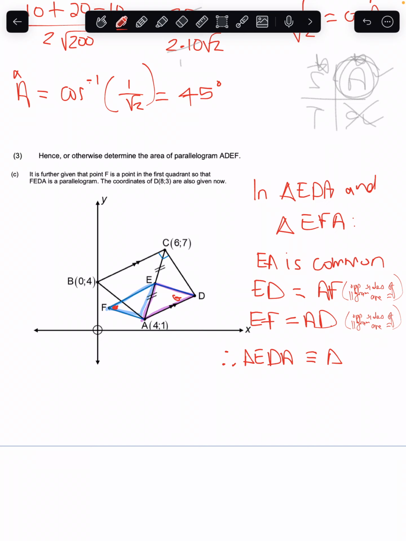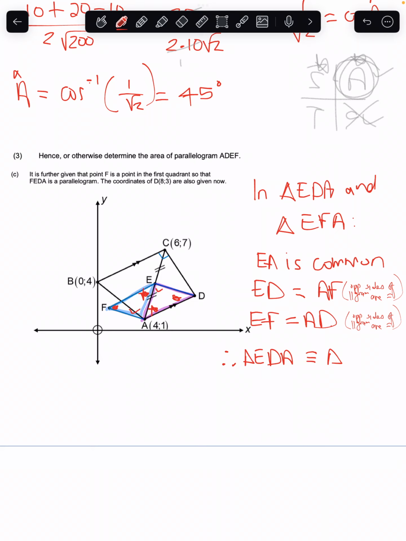Yes, it is, because these two will be co-interior angles, and these two are also co-interior angles. So it makes sense that these two are equal, right? Then this one is equal to that one because of alternate angles, and that leaves us with these two also being equal.